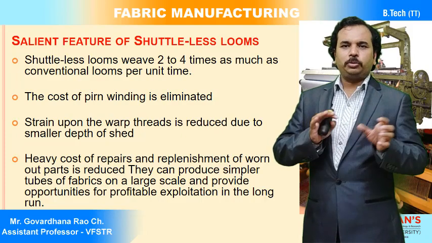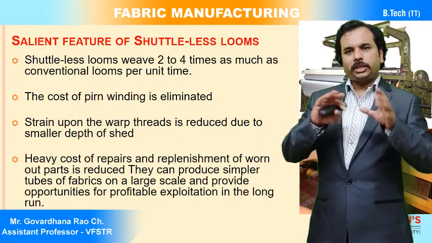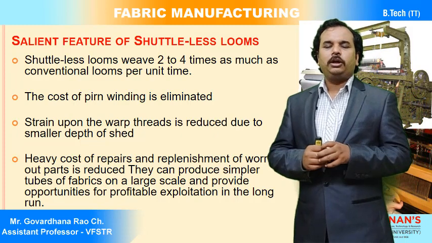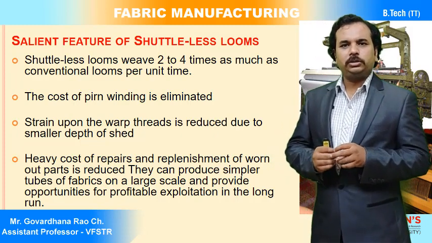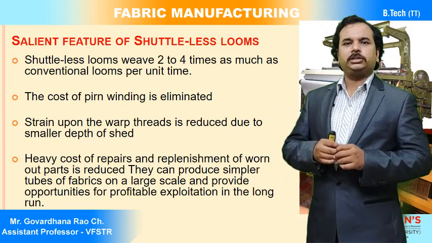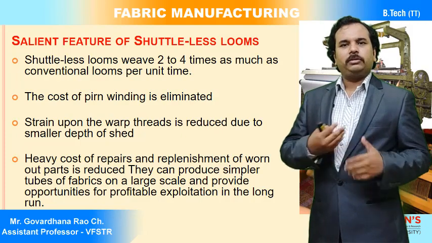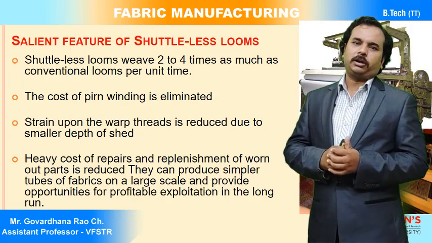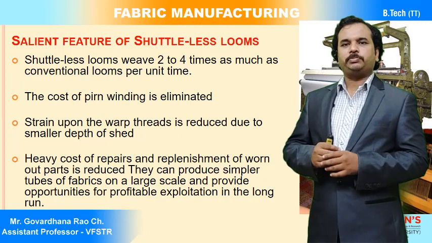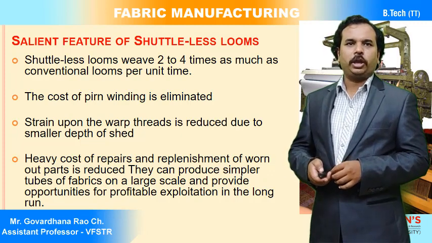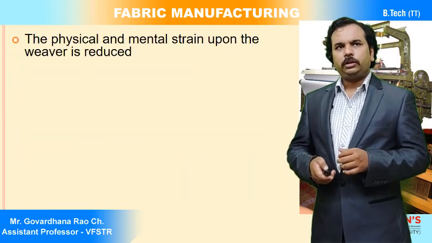The cam is going to push the cone every time. So there is damage or wear and tear of the parts of mechanical components. So again, changing those things is eliminated in these shuttle-less looms.